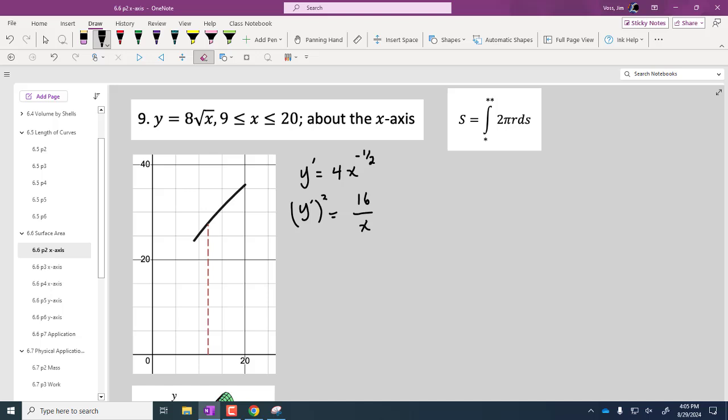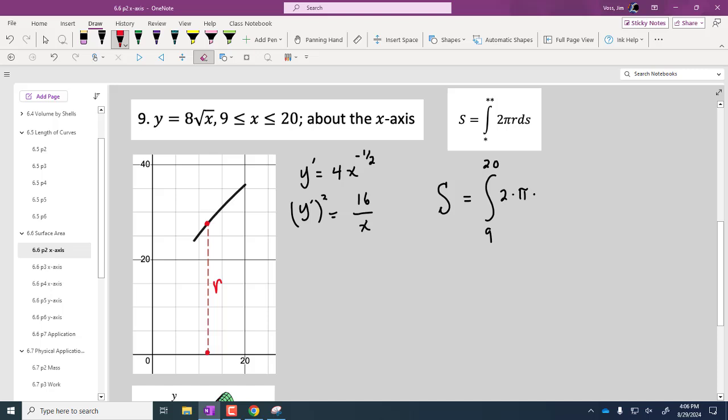So now the surface area, capital S, we're going to integrate from 9 to 20. Out in front, we have 2 times pi times r, 2 pi r. And if we look at our picture, what's r? The function, 8 root x. r is measuring from the x-axis up to the curve.